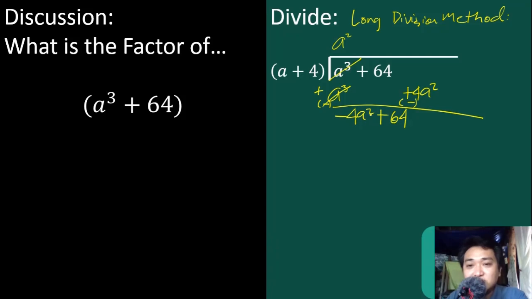Negative 4a squared divided by a. Remember, yung numerical coefficient dito ni a is 1 lang. So, negative 4 divided by 1 is negative 4. How about a squared divided by a? So, i-minus lang natin yung kanilang, what is this? Exponent. So, that is negative 4a to minus 1. So, that is negative 4a raised to 1.